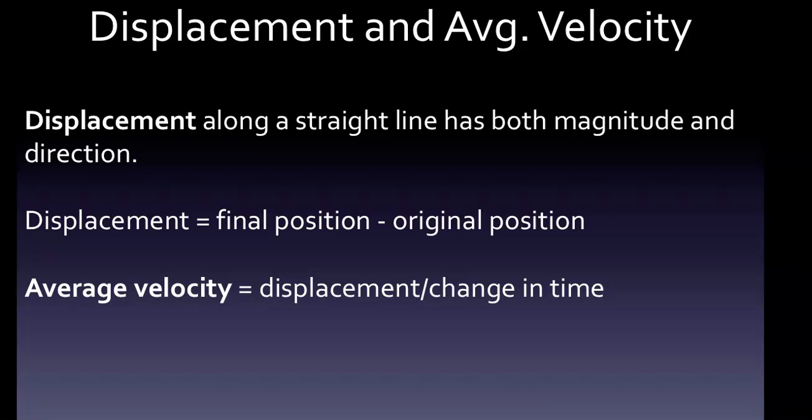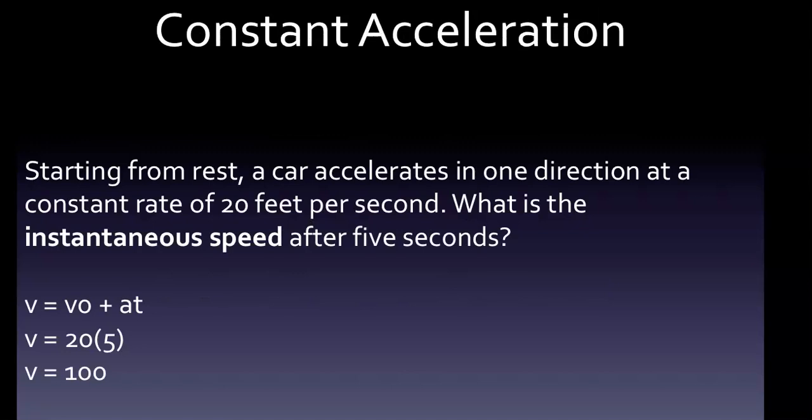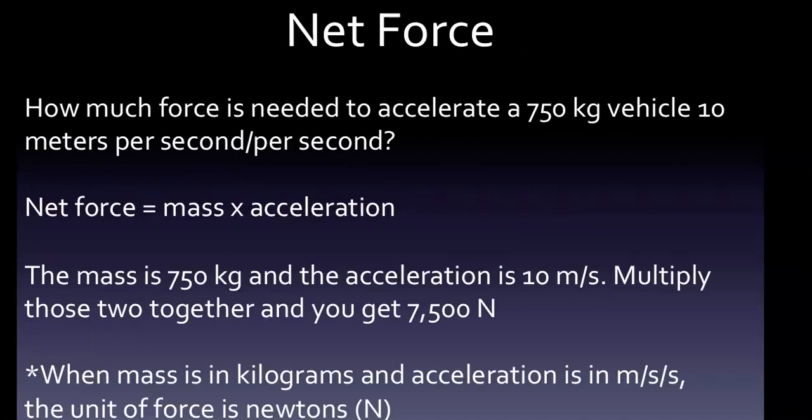So you're always considering how far you are from your starting position, not necessarily how far you moved or ran or how far the plane went or anything like that. So again, you ran around a track, finished where you started, your displacement is 0 feet. Average velocity is just displacement divided by the change in time. I believe we'll get to that here in a second. I'll skip that one. All right, net force.